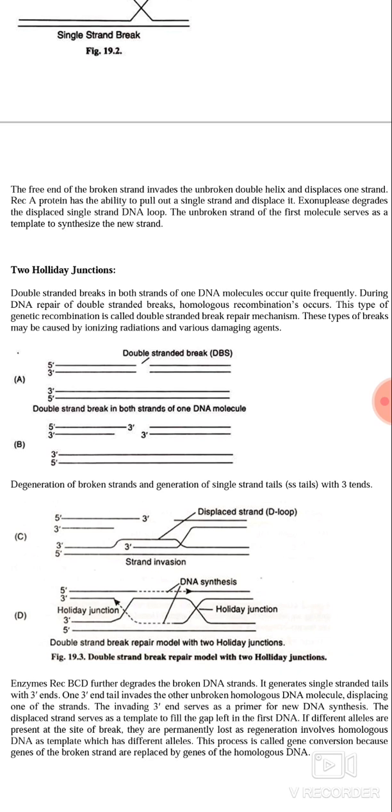Then there is a displaced strand, or D loop, and it shows strand invasion. In diagram D, we see two Holliday junctions occur during this process. That's why this process is called the two Holliday junction model.